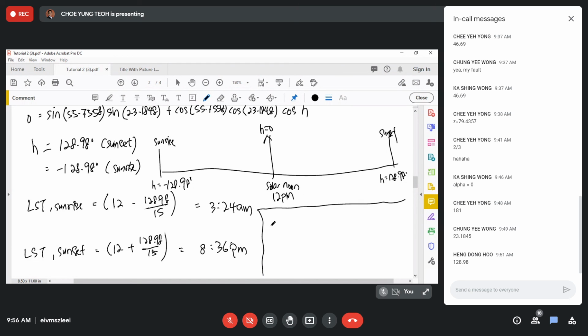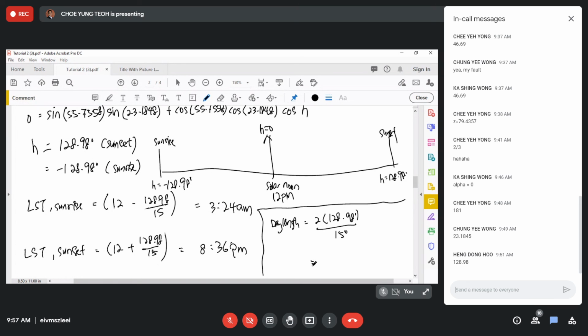And then the day length. Day length refers to the duration from sunrise to sunset. So you can use the time 8:36 p.m. minus 3:24 a.m. You should get the time. Or you can just directly use the hour angle here. So 2 times hour angle, 128.98 divided by 15 degree.